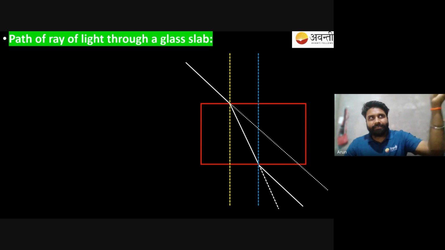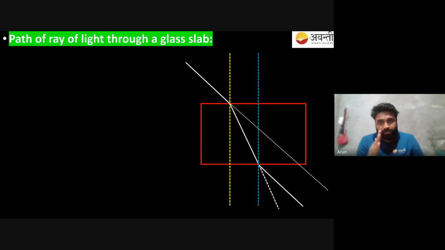Because light is entering from one medium to a transparent medium, it will deviate from its path. And since glass is optically denser than air, light will bend towards the normal.